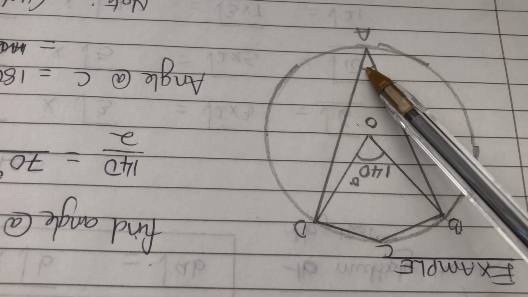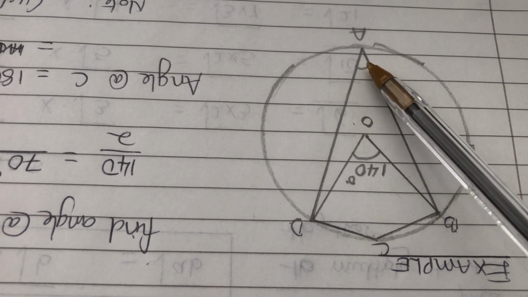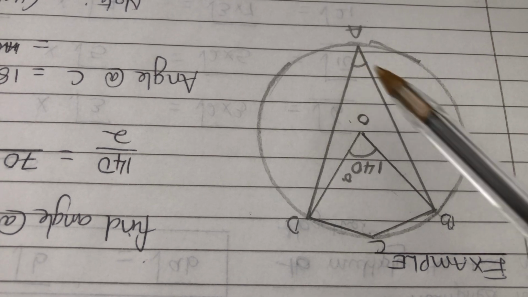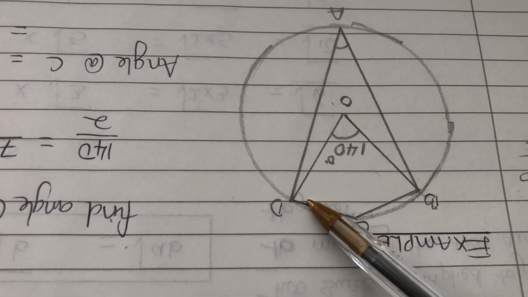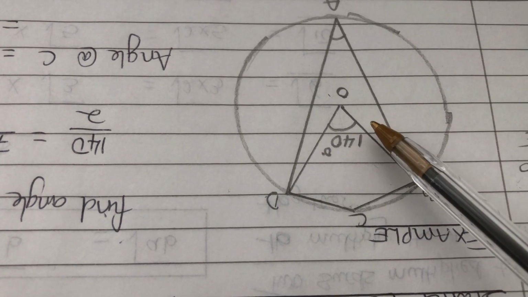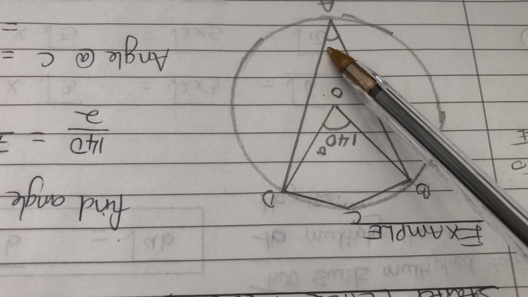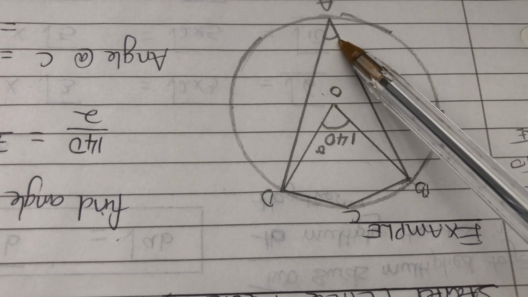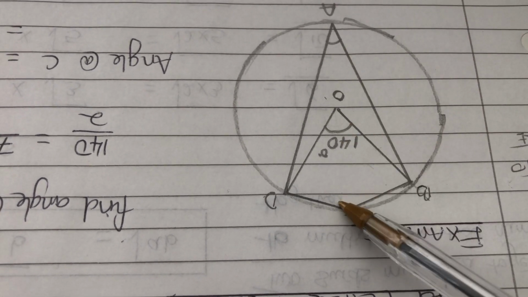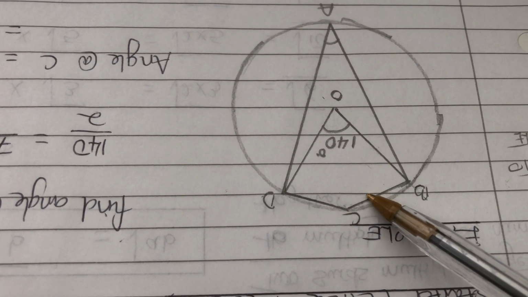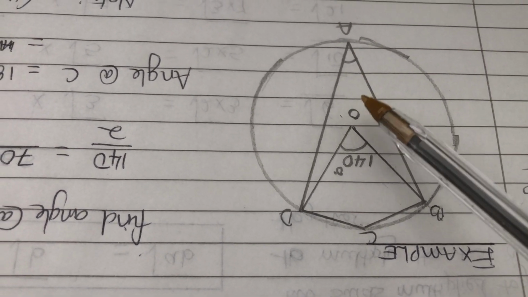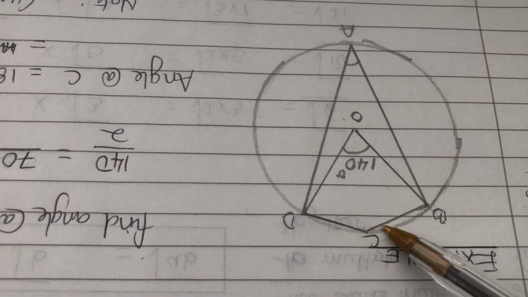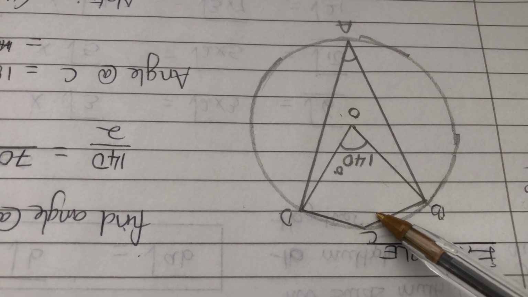So if this angle is 70, ABCD is a cyclic quadrilateral. So if this is 70 and you take 70 out of 180, then the angle at C will be 110.